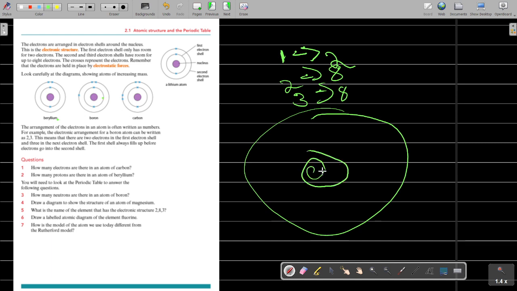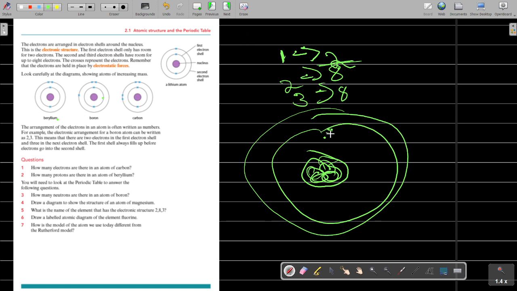Here, there is the nucleus, and this is one shell, room for 2 guests. So, boron's atomic number is 5.